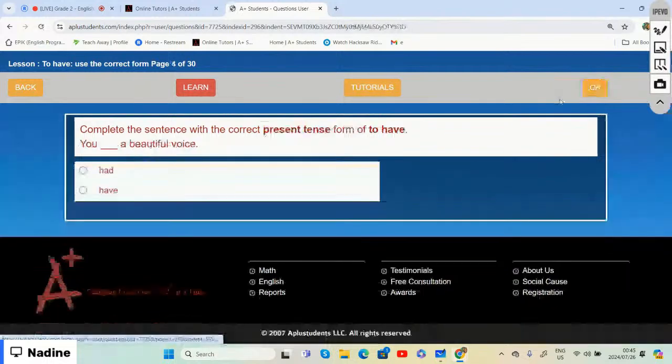All right, let's do the last one. It says we still the present. This is the present tense verb. Do we say you had a beautiful voice or you have a beautiful voice?